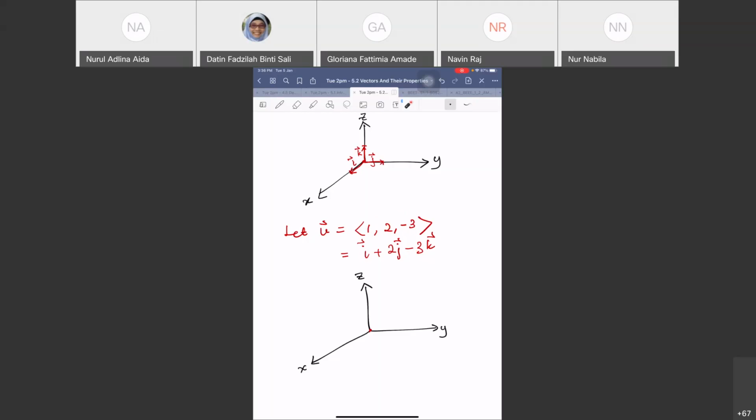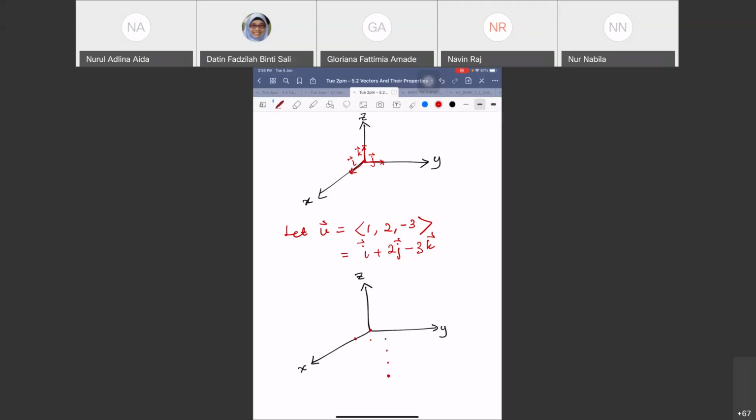So it actually is similar to what we plotted earlier for a point in three-dimensional space. So you have your 1 unit, assuming this is 1 unit to the positive x-axis, and then going to the right 2 units, and then going down 3 units, 1, 2, 3.